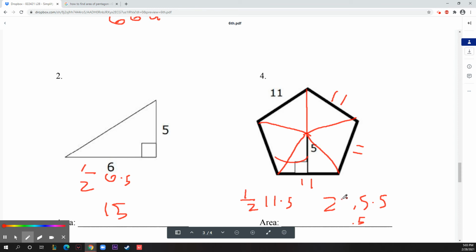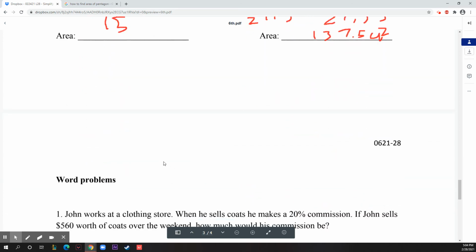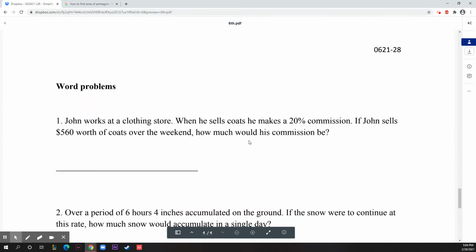So when you multiply 27.5 by 5, you get 137.5 units squared. That was really confusing, but other than that, we're done with this.